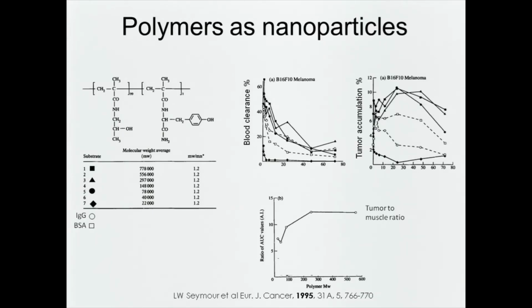And here you have an example with different polymers, different molecular weights. Here is a really low molecular weight polymer going up to very high. This low molecular weight polymer is so small that it can be renally excreted, so it has a very short clearance time. Whereas these larger polymers are not renally excreted, so they have a long circulation time, and they also accumulate in the tumor.